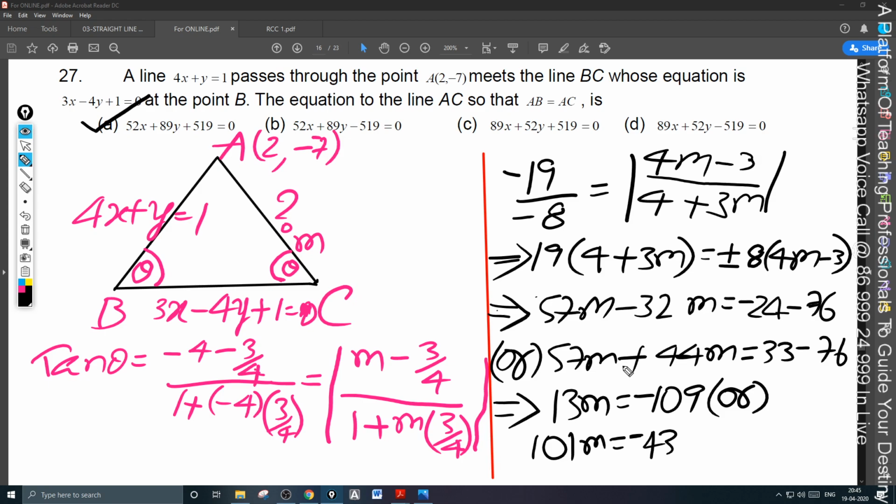We have to go for the second one then. 57m and it is plus 32. You got it.